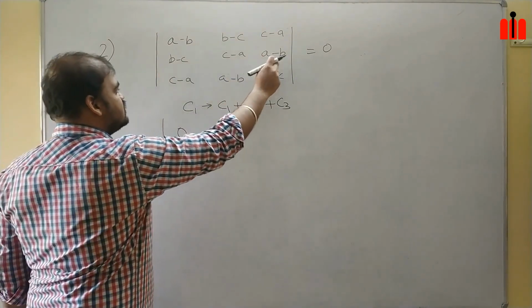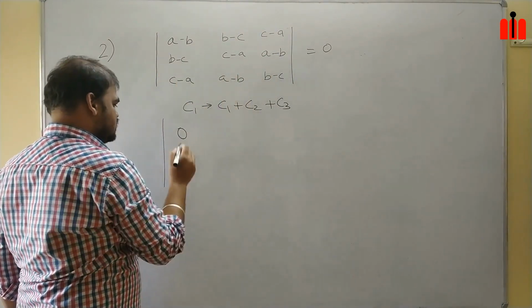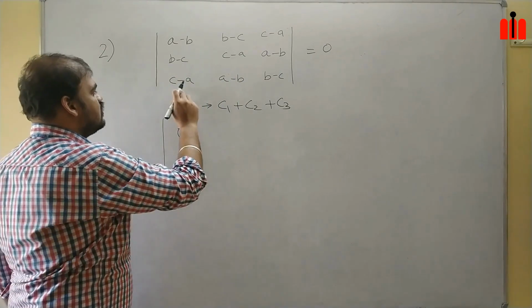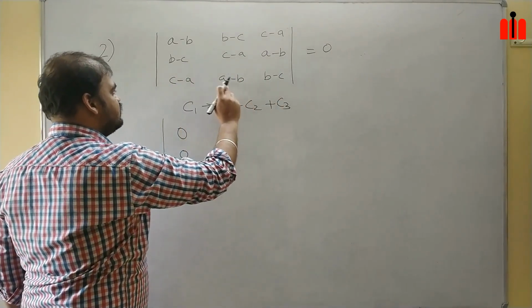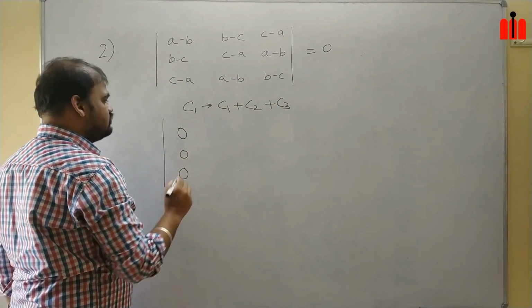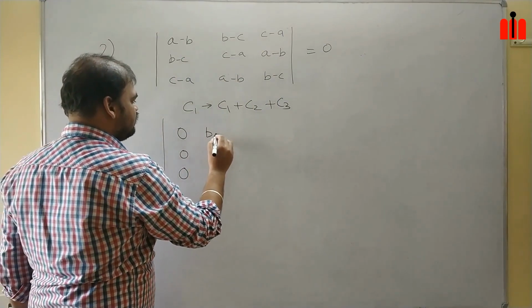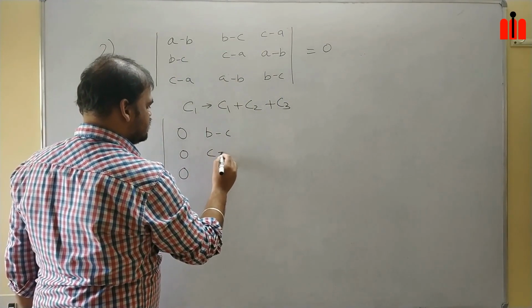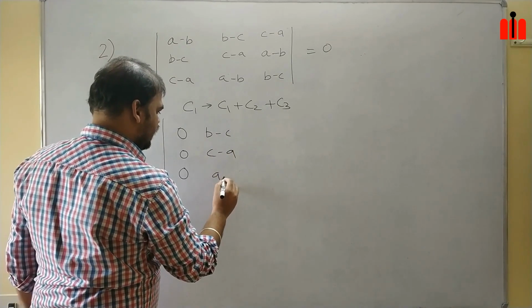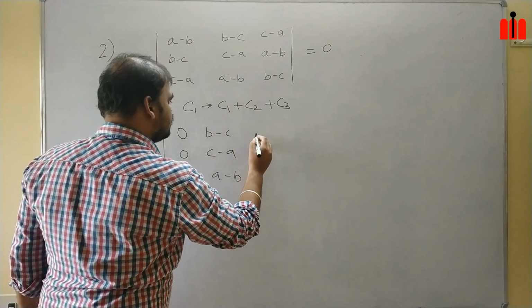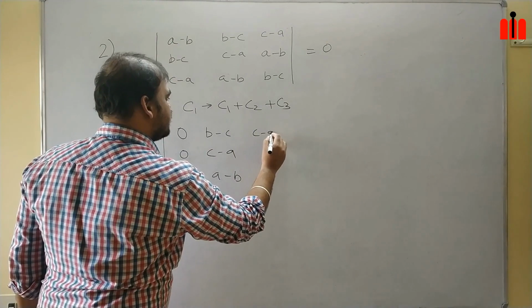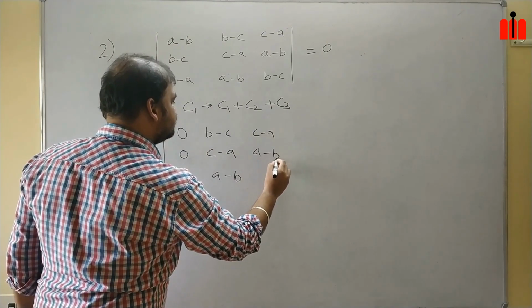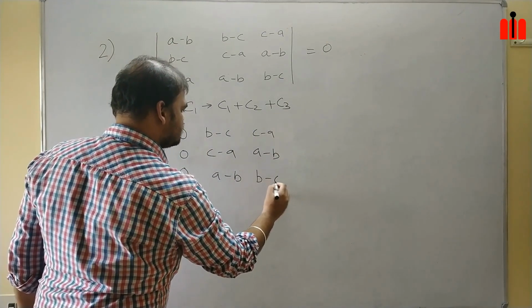Similarly, b minus b 0, a minus a 0, c minus c 0, so the second element is also 0. c minus c, b minus b, a minus a will also become 0. We will be left with b minus c, c minus a, a minus b in the second column, and c minus a, a minus b, b minus c in the third column.